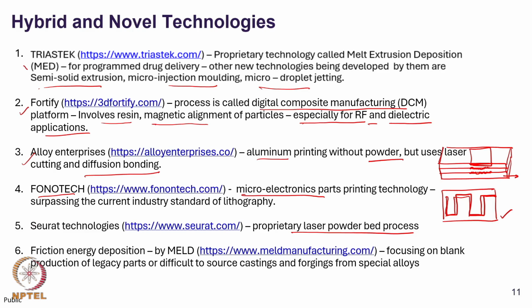A company called Melt Technologies is using additive friction stir technology for creating large blanks of legacy parts which are difficult to make using classical processes such as castings and forgings. Let us look at some of these hybrid and novel technologies in detail.